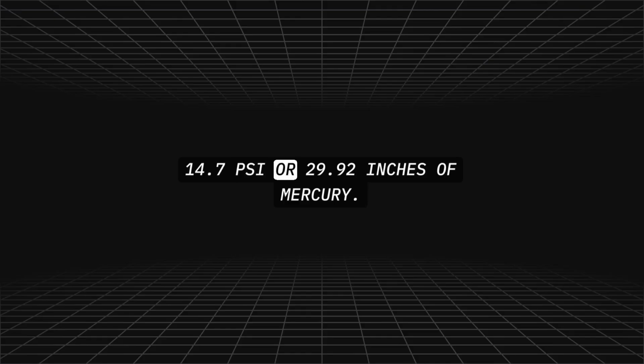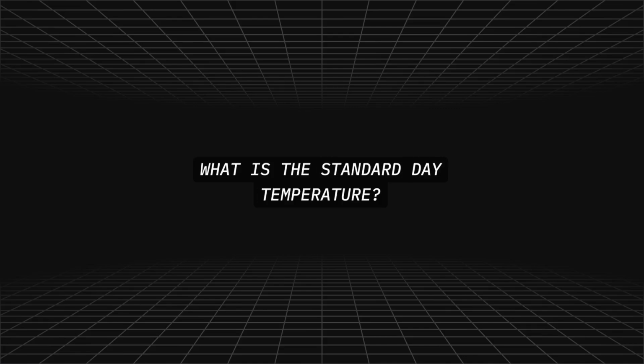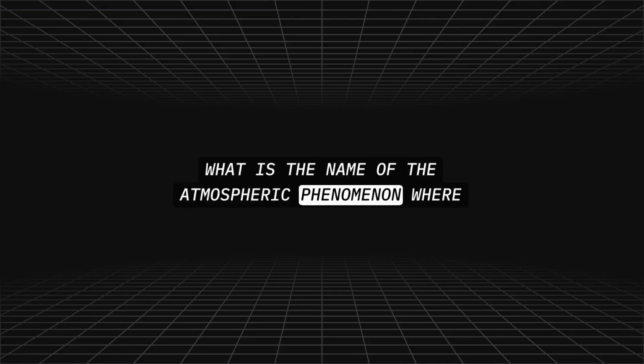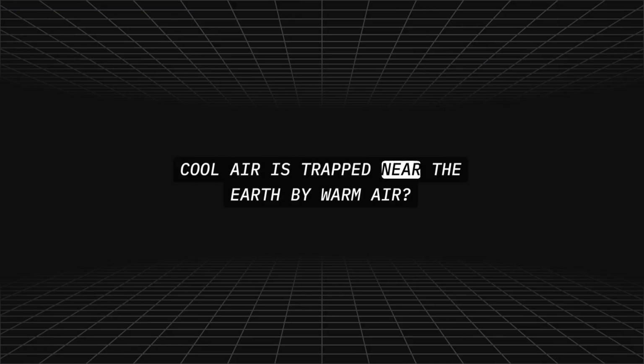What is the standard atmospheric pressure at sea level? 14.7 psi or 29.92 inches of mercury. What is the standard day temperature? 59 degrees Fahrenheit. What is the name of the atmospheric phenomenon where cool air is trapped near the Earth by warm air?